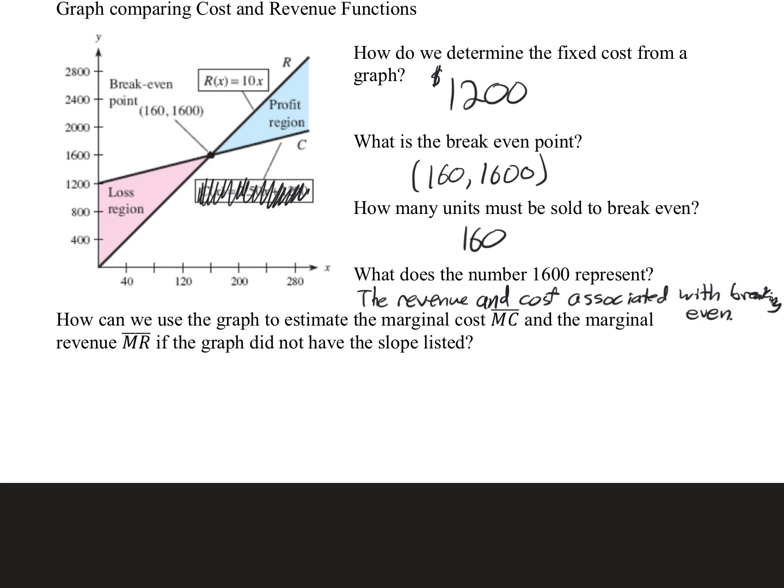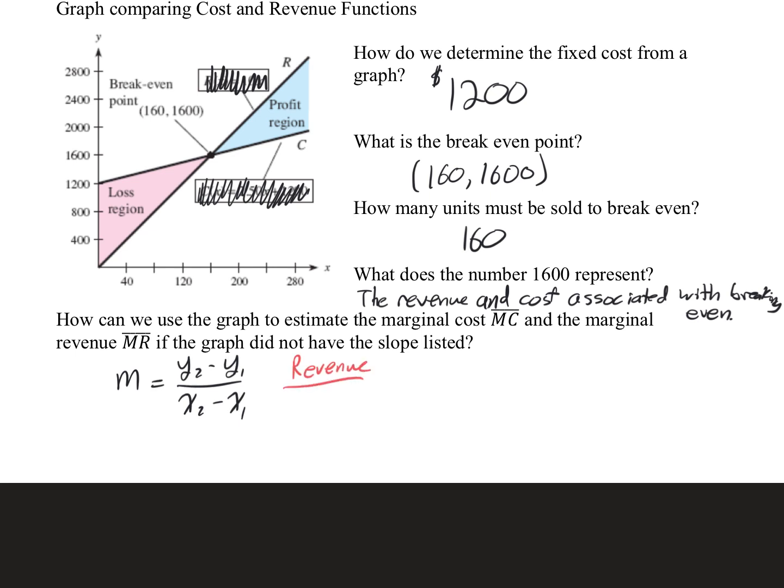And one final question, how can we use the graph to estimate the marginal cost and the marginal revenue if the slopes weren't listed? So if you didn't actually have these, how would we know what the slope is? Well, we know that m is equal to (y2 minus y1) over (x2 minus x1). Let's do the revenue first.